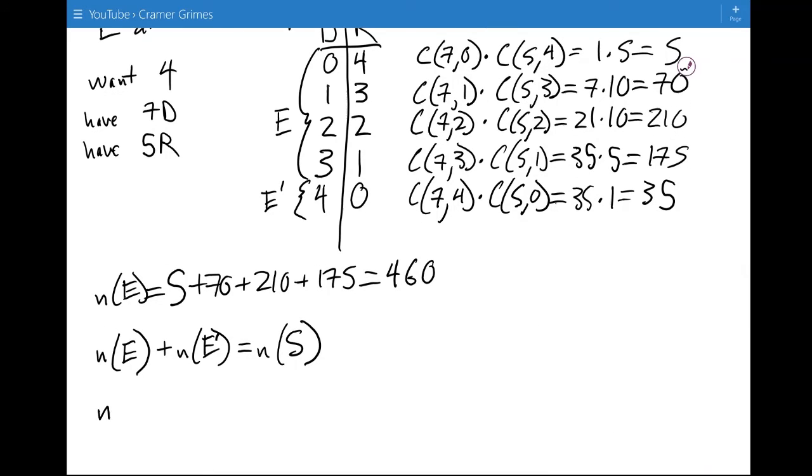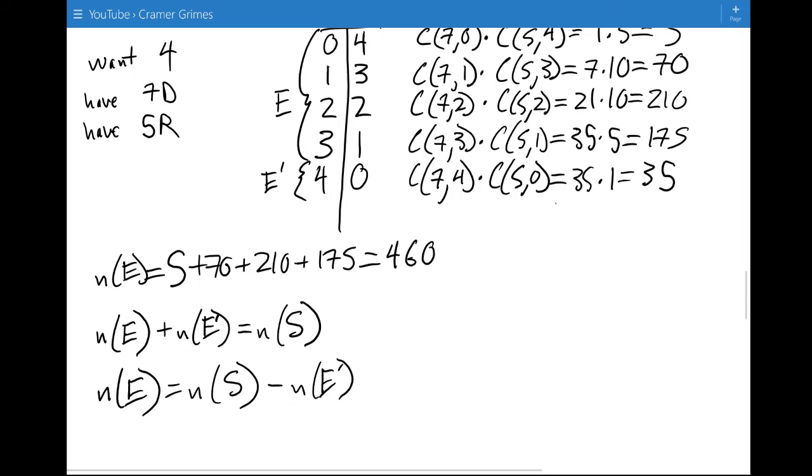So I could calculate E by taking our total number of ways of choosing committee members, minus what I didn't want. To do that, in total, we had 12 people to choose from.